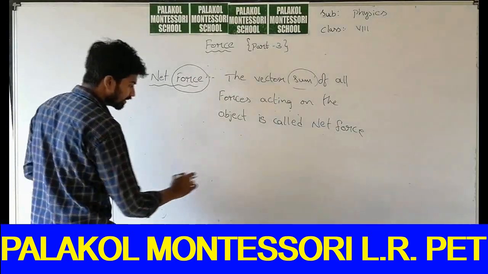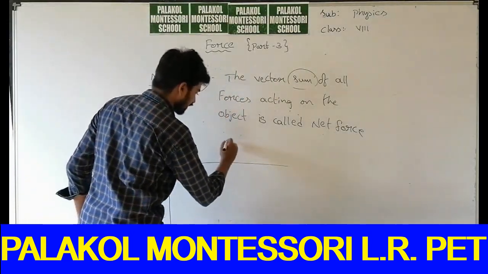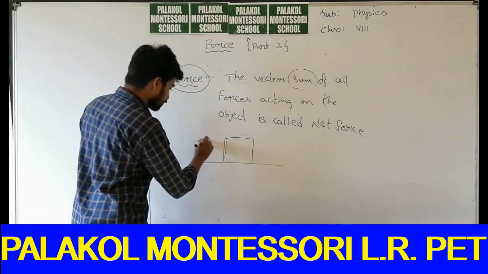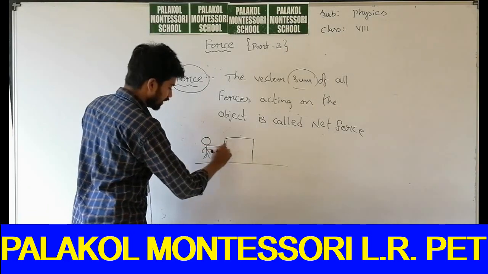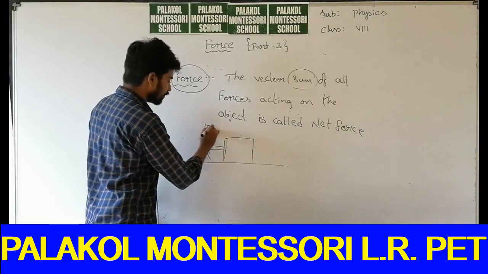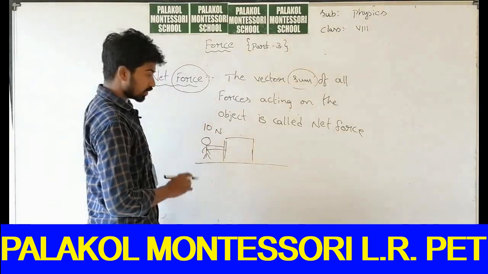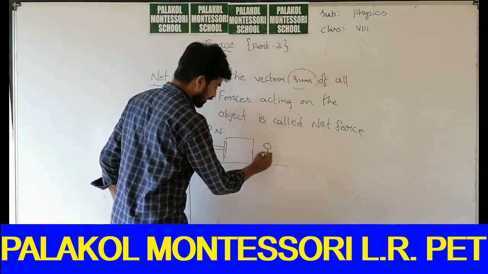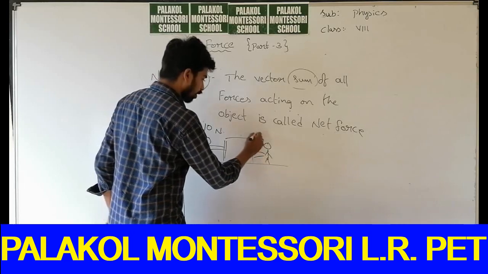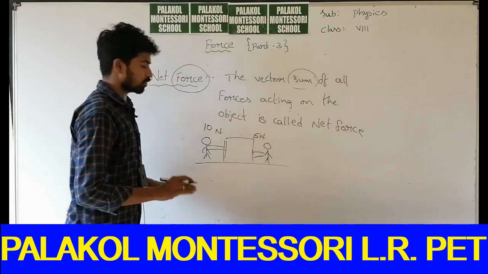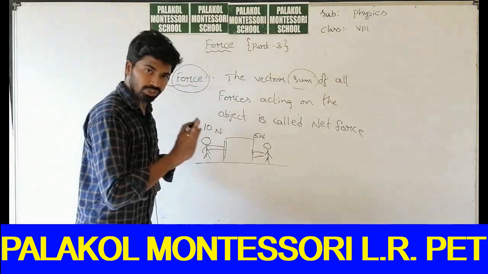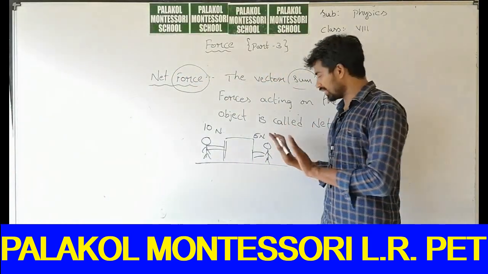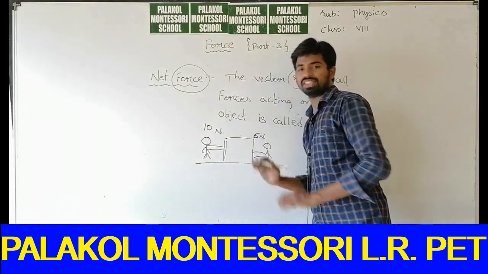For example, let us consider a block, an object. Someone is pushing this object in this direction with a force of 10 newtons, and another person is pushing the object with 5 newtons of force in this direction.